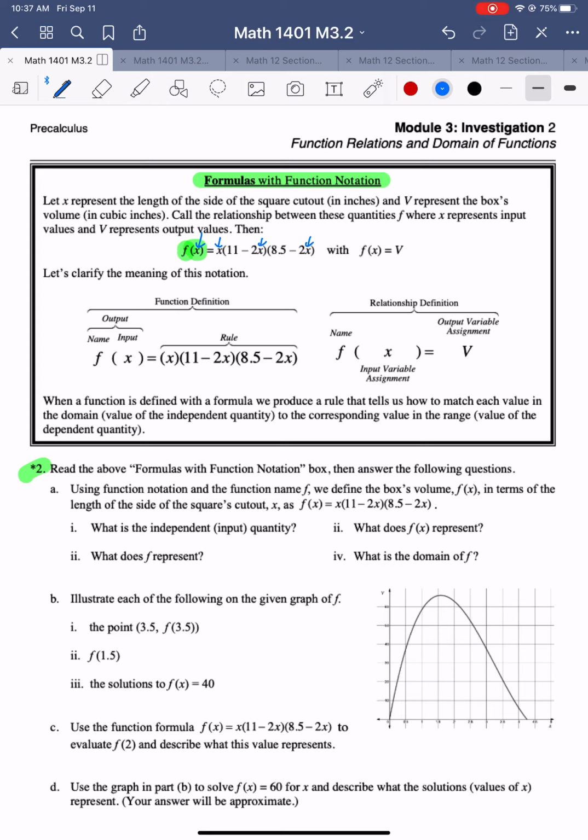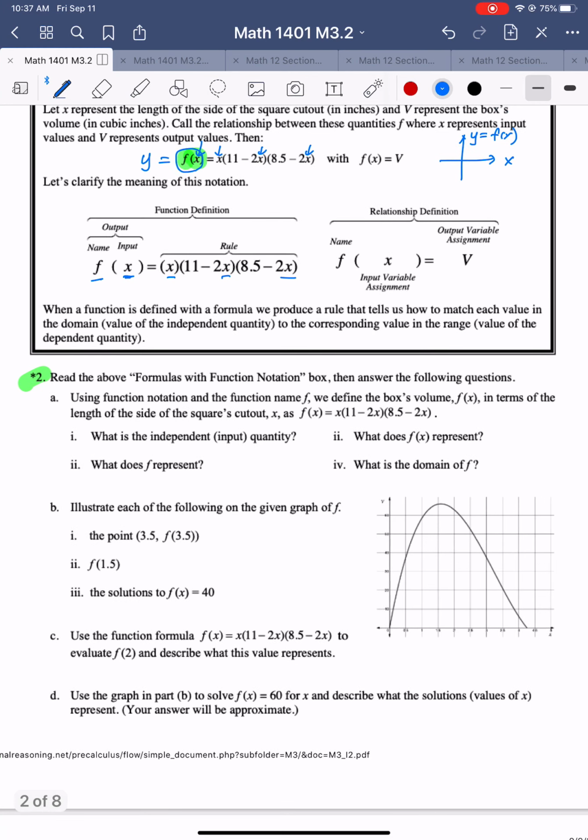But this f of x is exactly the same as y. When you have a plane with an x-axis and y-axis, instead of y, we call it f of x. So f represents the function, with the input x going into the formulas we have.